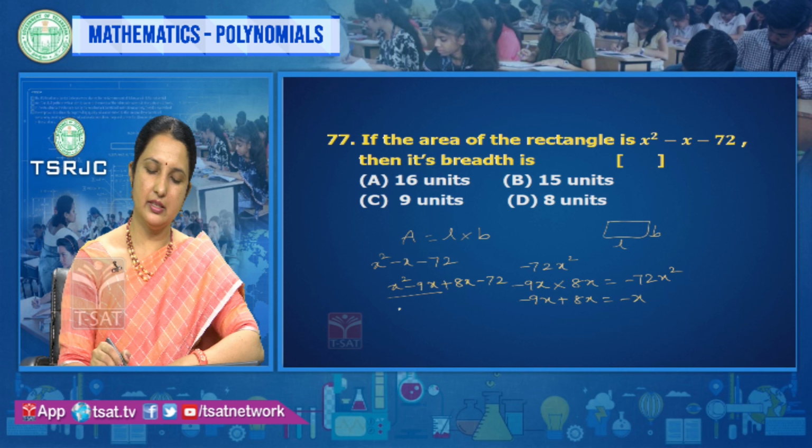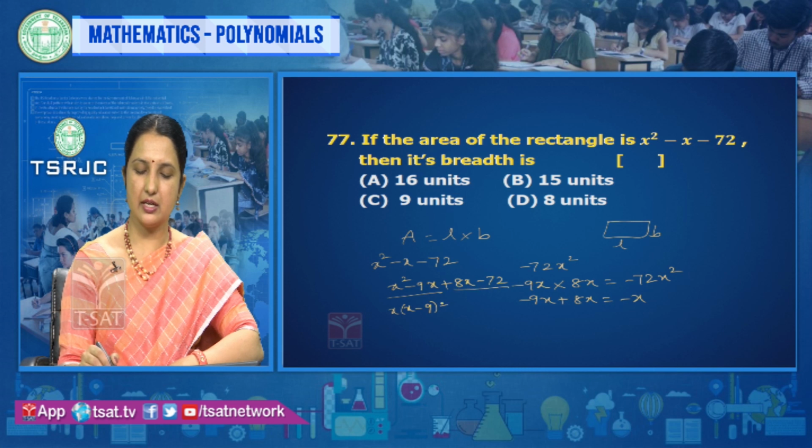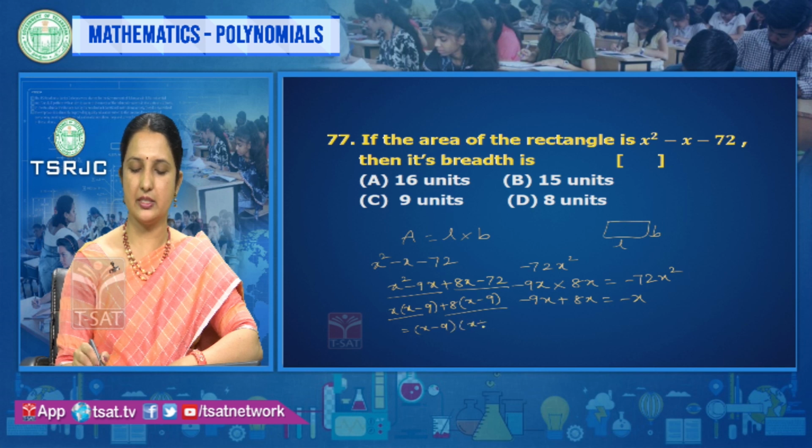In this, x is common, bring it out. What is left over? X minus 9. In the other part, 8 is common, bring it out. What is left over? X minus 9. In both, x minus 9 is common, bring it out. What is left over? X plus 8.